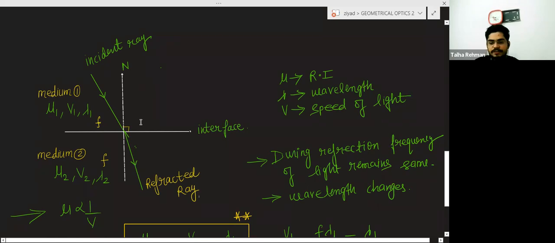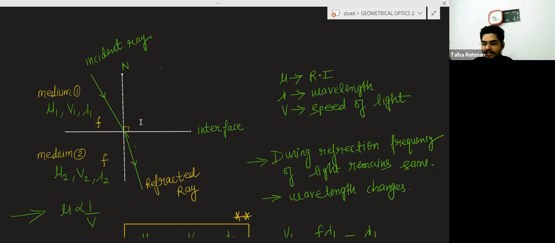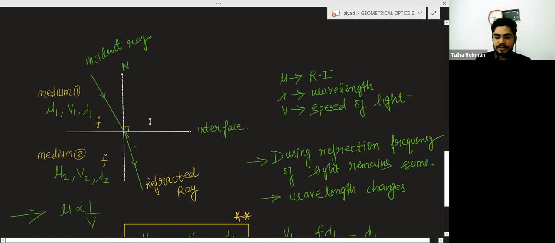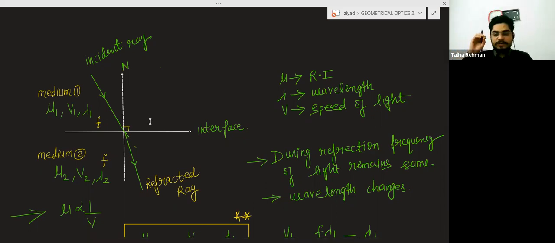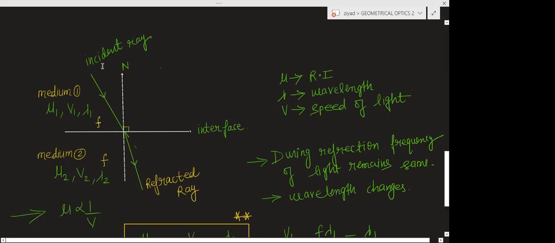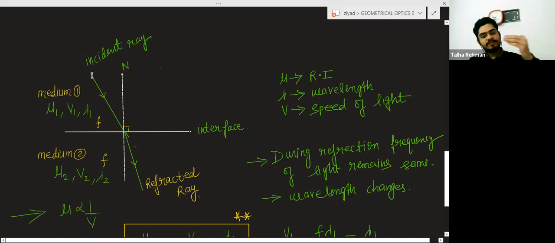Basically, frequency is depending upon the source from where the light is coming. Until and unless you are changing the source of the light, the frequency of the light will never change. Here the light source is same, suppose from the sun or any other object.